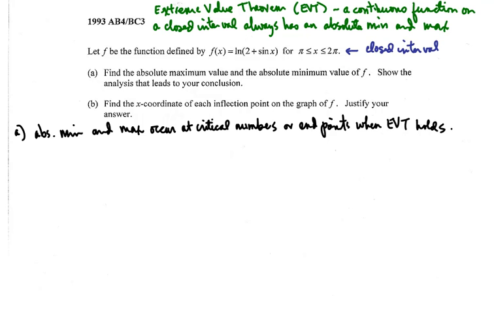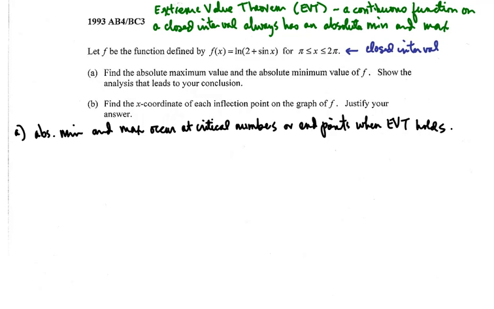So 2 plus sine x will always be positive because sine has a value between -1 and +1, and so even at its lowest point of -1 we're still going to add 2 to that, and so it will always be positive. So we will always be taking the natural log of a positive number, and so hence it is a continuous function that we're working with, and we are also given a closed interval. It's a continuous function actually for all values of x.